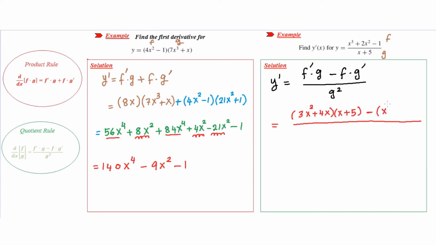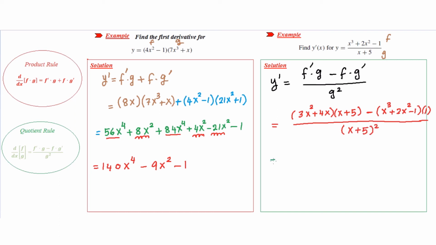F is x to the power 3 plus 2x squared minus 1 multiplied by g prime, and g prime is 1 only because the derivative of x is 1 and the derivative of 5 is 0. All divided by the denominator squared, which is g squared, so we have x plus 5 squared.